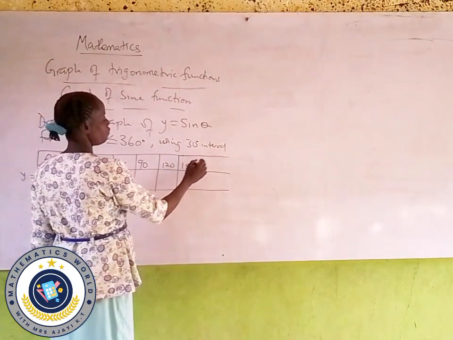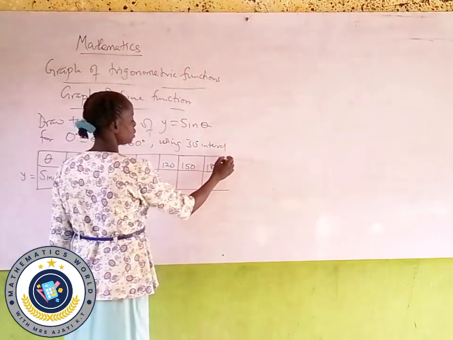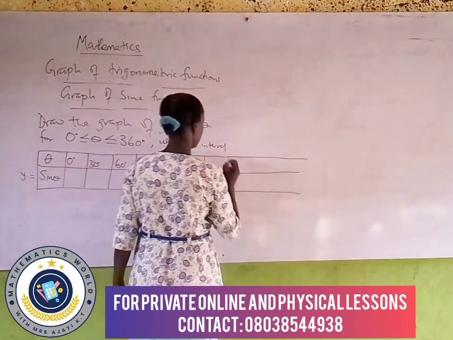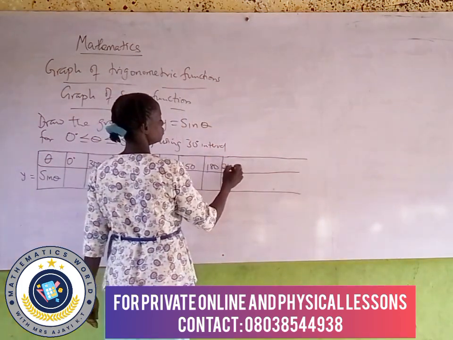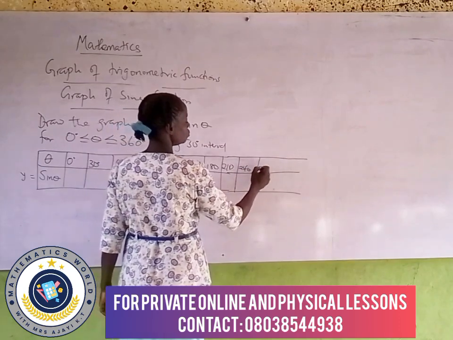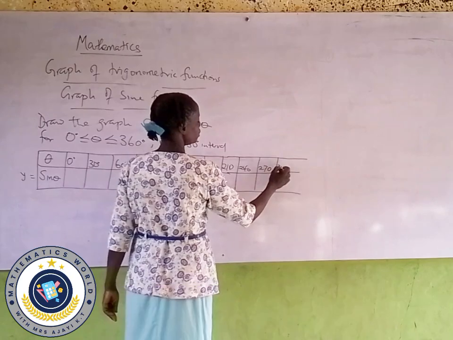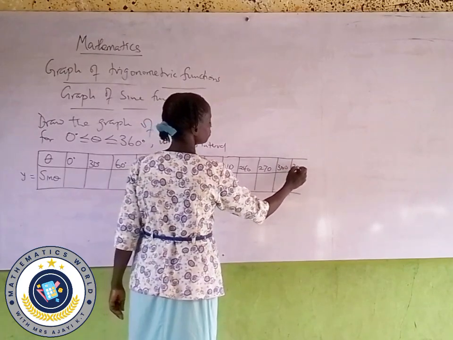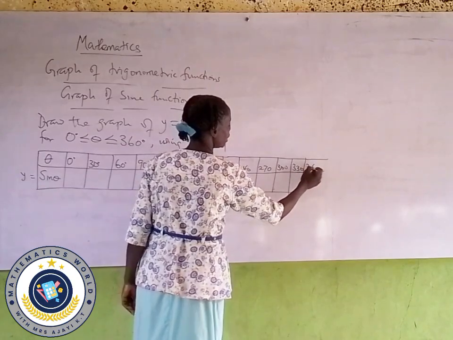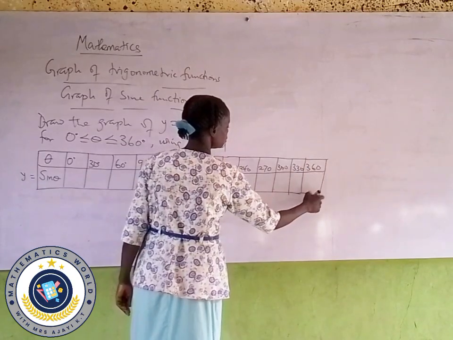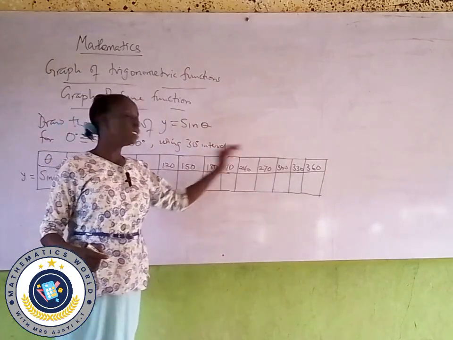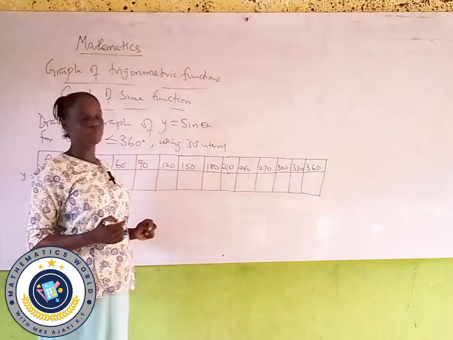After that, 150, followed by 180, followed by 210, followed by 240, followed by 270, 300, 330, and later, at the end of the day, we're having 360, and that is it. So the range of values dictates how big your table of values will be.